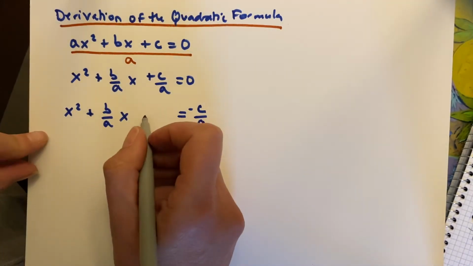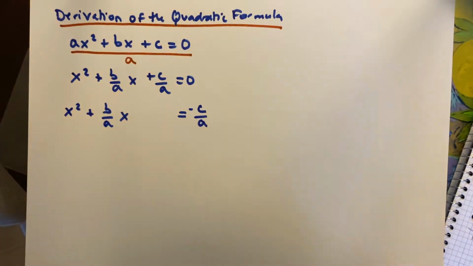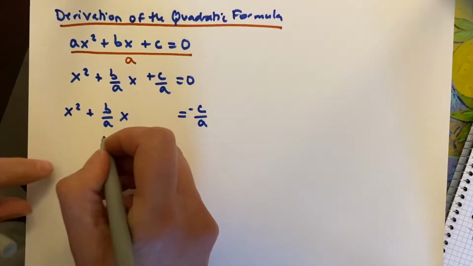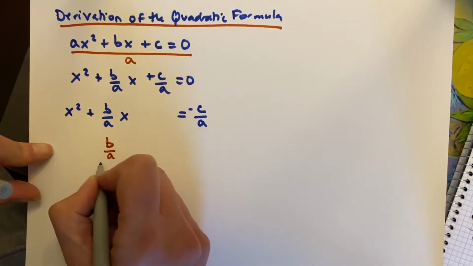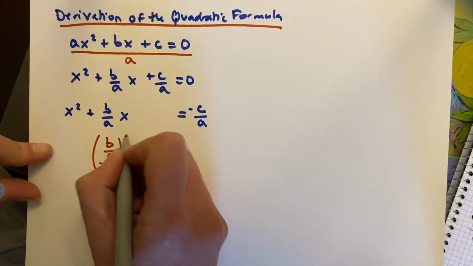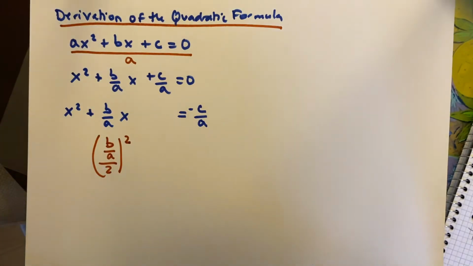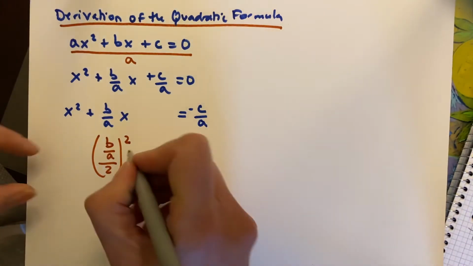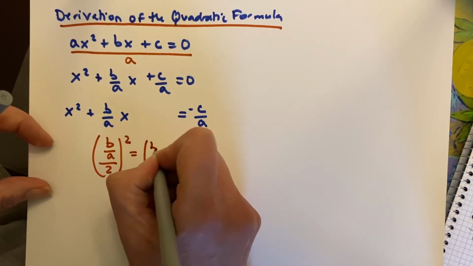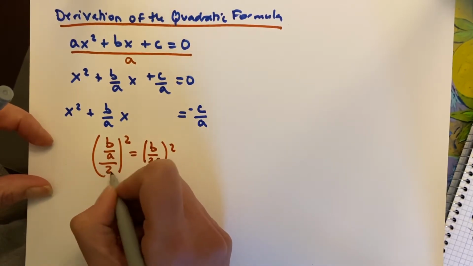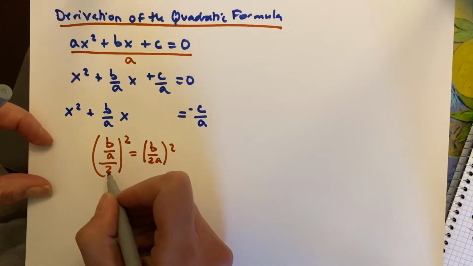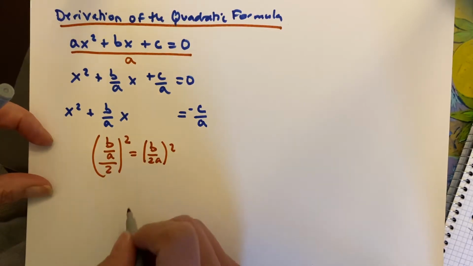And I know that the value that's going to go here is whatever's in front of x divided by 2, squared. Well, if I work that out, it's b over 2a, squared, because if I'm dividing by a, that's going to go on the bottom, the denominator, but the 2 still stays there.